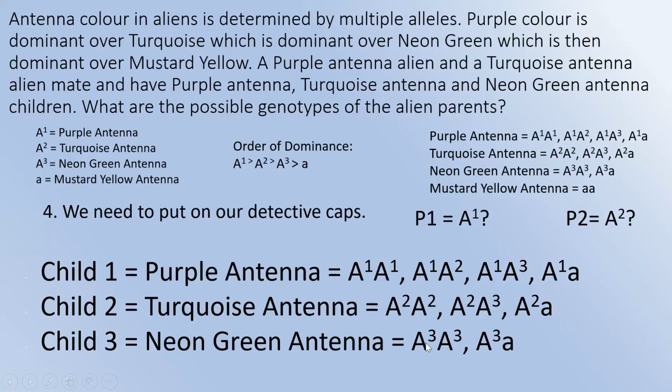So if there's no case here where they're getting an A2 or an A1, by circling that and noticing it, we can eliminate some genotypes from the children and less from the parents, because we know that the parents have to pass on at least one A3 and potentially two in order to even have neon green children like they do. And that tells us a whole lot moving forward.